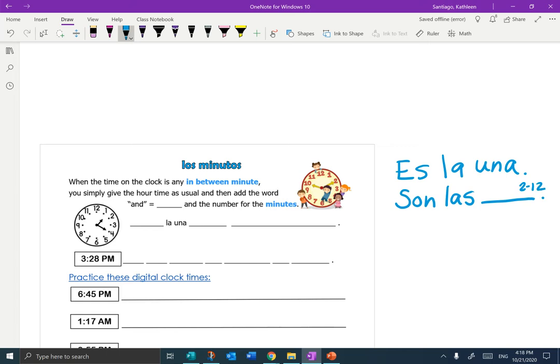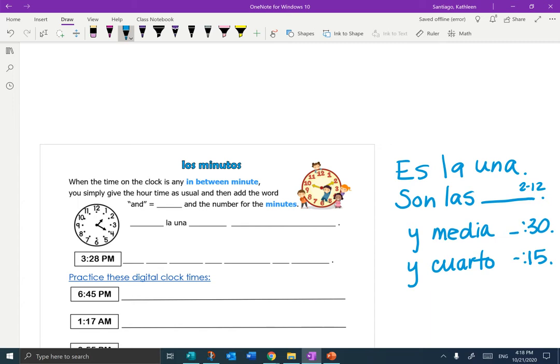Now, we've also learned that we have to add y media for anything that is 30 minutes. Then we add y cuarto for anything that is 15 minutes or a quarter of an hour.